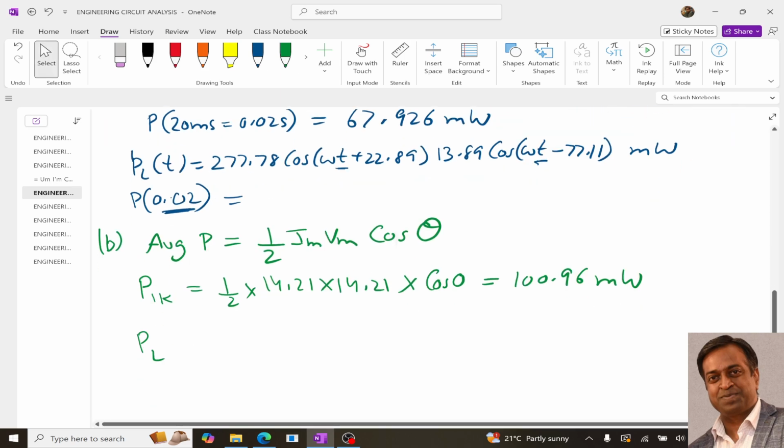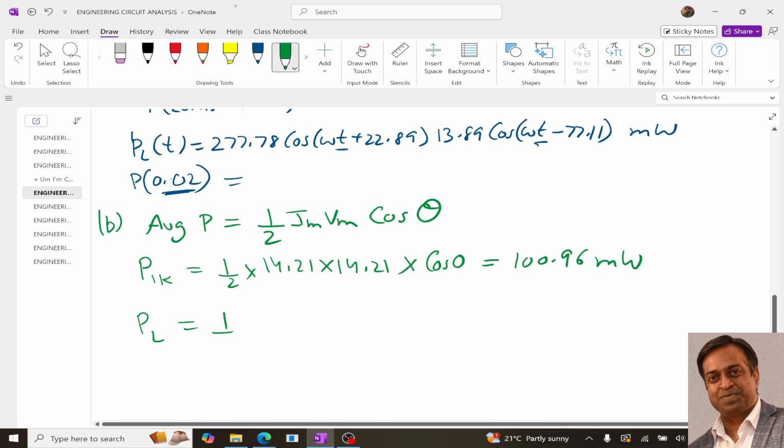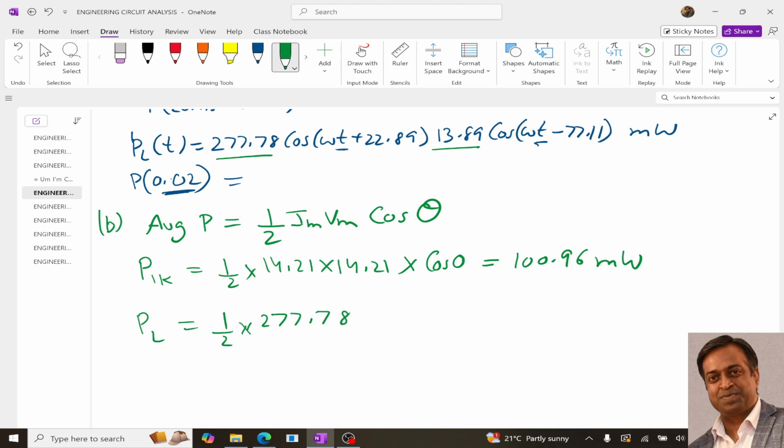And similarly for PL, half, this is Im, this is Vm, so 277.78 into Vm into cos. Now the angle between this 22.89 and this, let me calculate, just a minute.